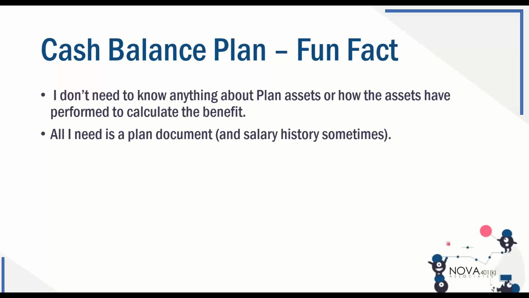Of course, if you're dealing with a highly compensated person, we do have to look at the assets, but it's very different than a DC plan, because in your DC plan, you're going to look at how much is in their account. And there's really no connection between a person's benefit and the assets.